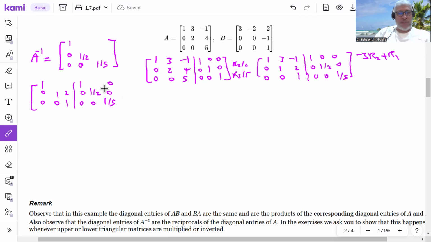Now, negative 3 plus 3, that's 0. Negative 3 times 2 is negative 6 minus 1, that's negative 7. And negative 3 over 2 plus 0. And now let us use this one to make 2 and negative 7 zeros. So negative 2R3 plus R2 and 7R3 plus R1.